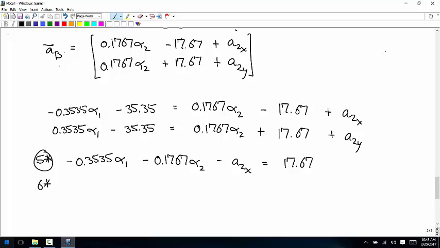And equation 6 star says positive 0.3535 alpha 1 minus 0.1767 alpha 2 minus A2y is equal to, and yeah, that one should add, 53.02.